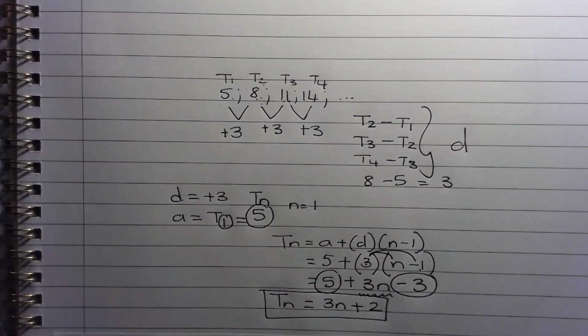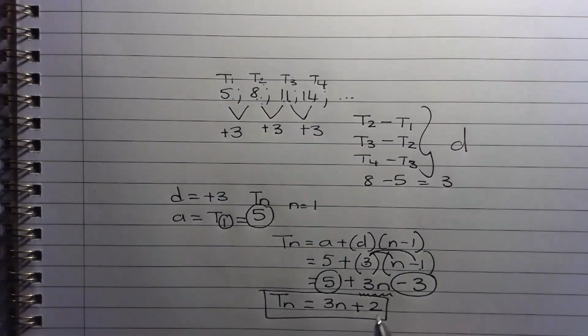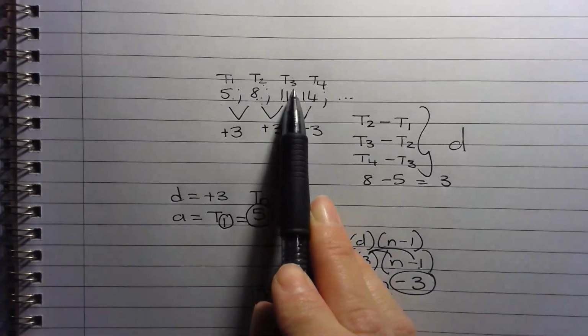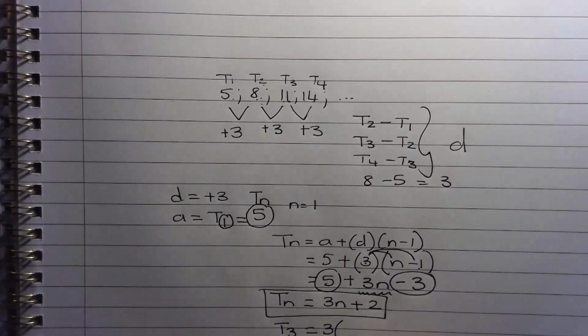Now if you wanted to work with the formula, let's say you wanted to know what the third number was in the pattern. We can see it's supposed to be 11, but let's use our formula. You would say T3 is going to be 3 times 3, because n is the position number.